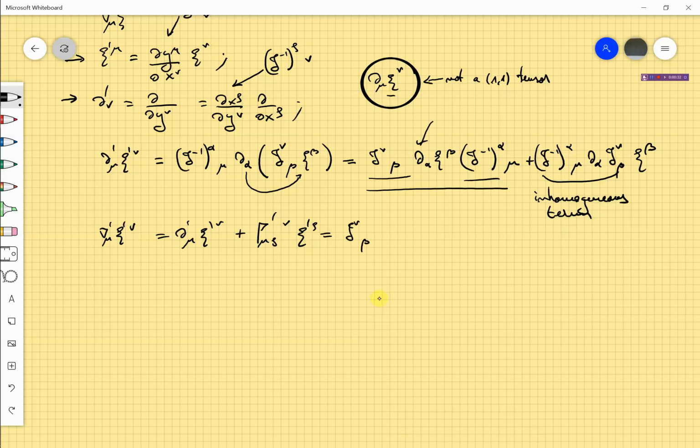This is the definition of a 1,1 tensor transformation. Okay, now we know what this is because we have it here. So let me write it.